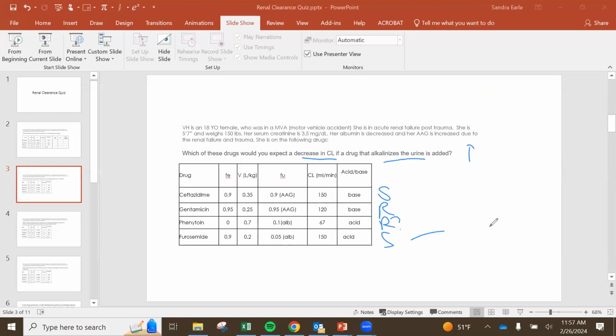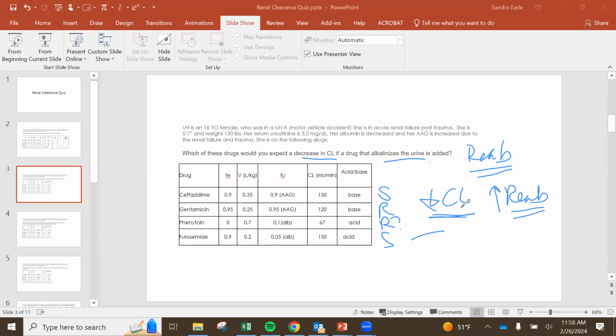Again, this will only concern reabsorbed drugs. So a decrease in clearance would be caused by what? We know changes in pH of the urine are only going to affect reabsorbed drugs. And therefore, to decrease the clearance, you're going to have to increase reabsorption.